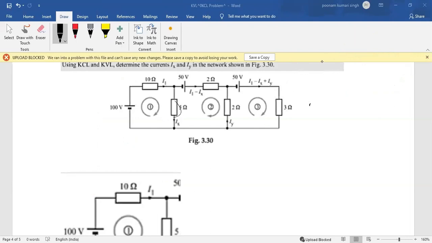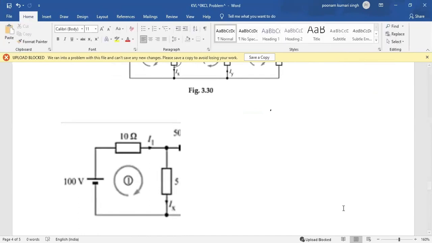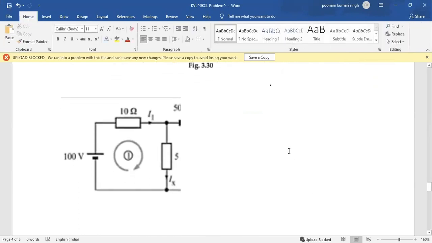When I look into the first loop, let's try to figure out how to solve this problem. Can anyone tell me the values A, B, C, D, E, F, G, H?